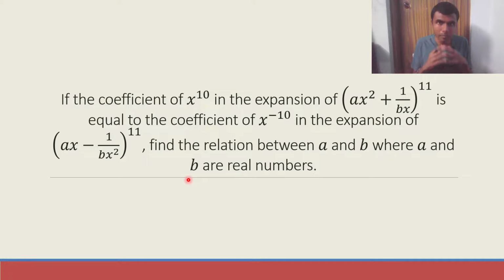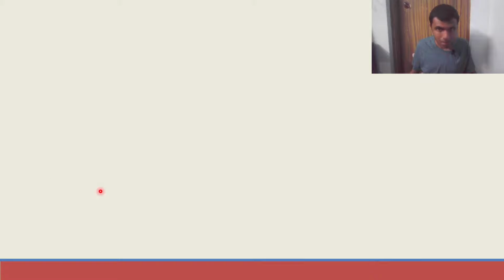Fine. To solve this question, there is a very basic concept that you need to know. Basically, let's say there is a binomial expansion (a plus x) whole power n. What is the general term for this?